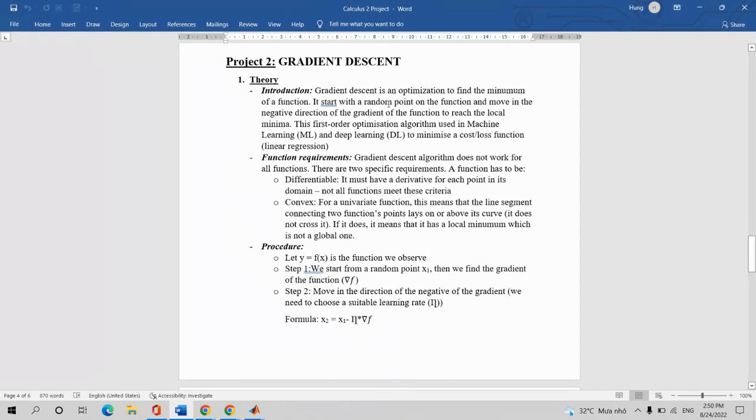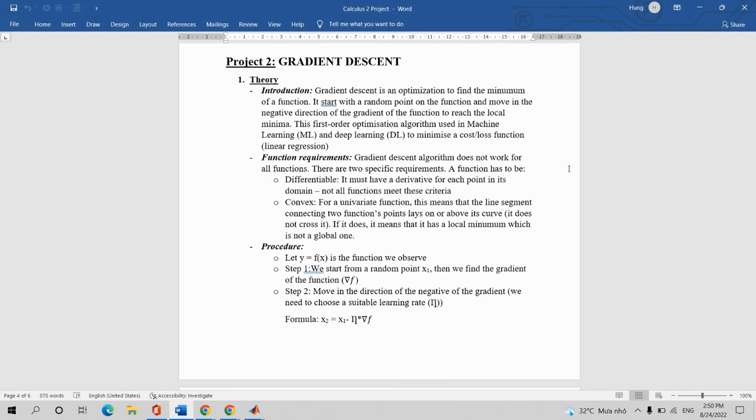It starts with a random point on a function and moves in the negative direction of the gradient of the function to reach the local minima. It is a first order optimization algorithm used in machine learning, also known as ML, and deep learning, to minimize the cost loss function, for example in linear regression.